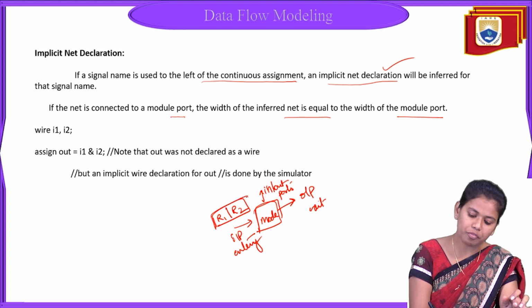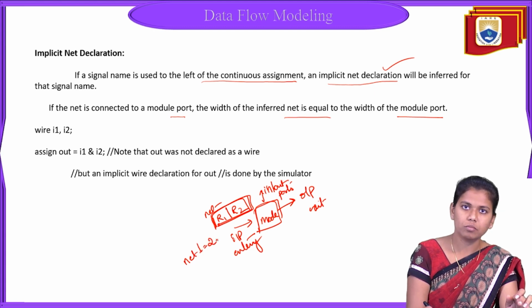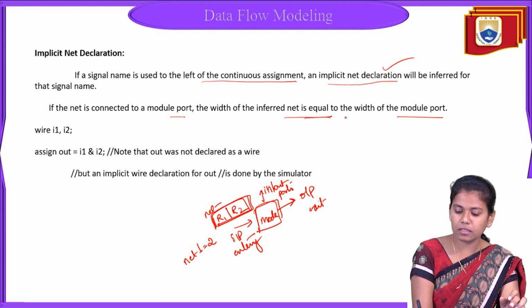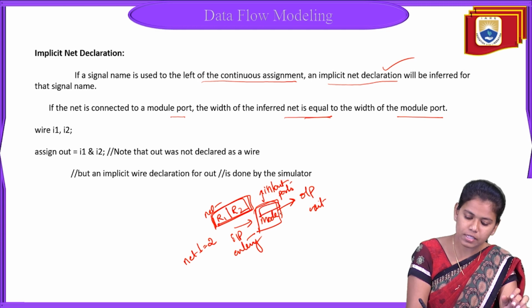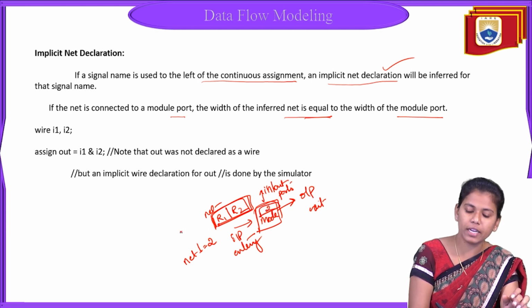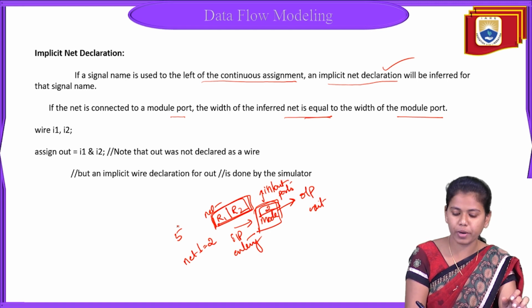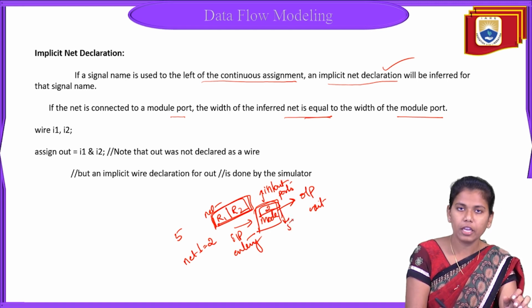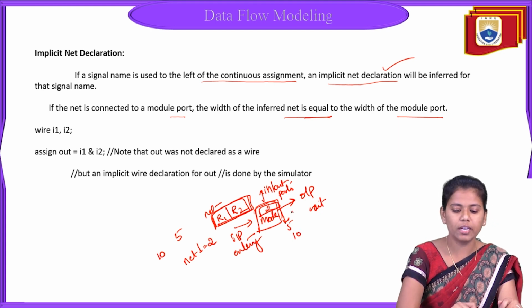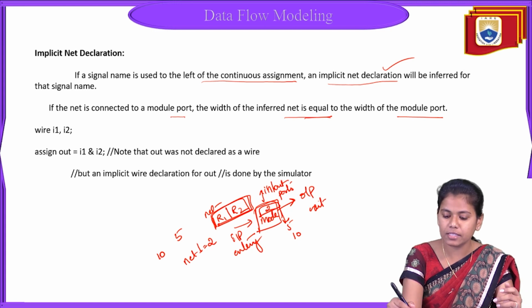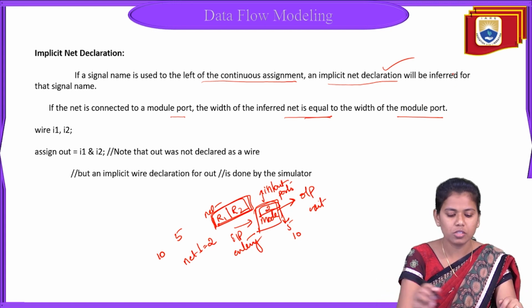So if the net length is 2, the same width of 2 will be occupied inside the module. If the bit length of the net is 5, the same would be occupied in the module with 5. If it is 10, the same with 10 and so on. So the net connected to the module port has the same width as the module port.